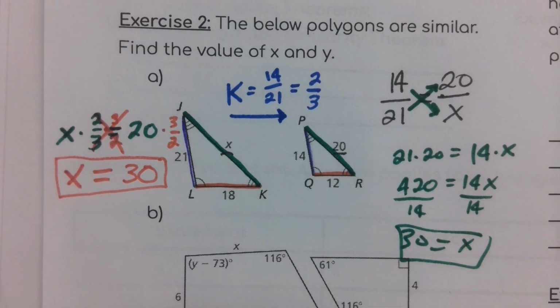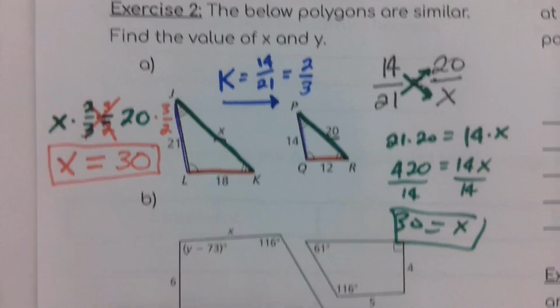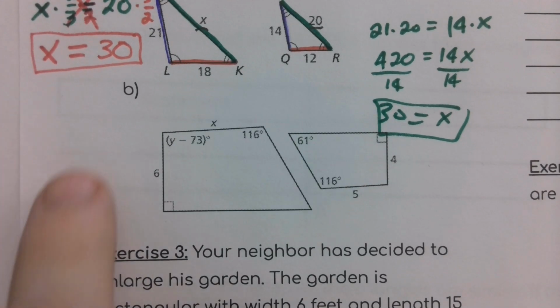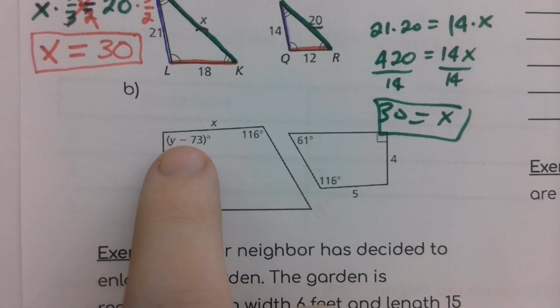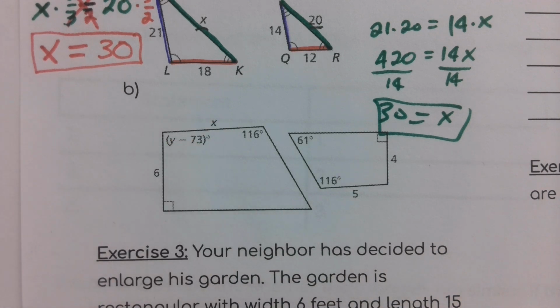Same deal. So whichever method you use is up to you. With that said, I want you to try out part B. Keep in mind that we also have a missing angle here. So, take your time, try this problem out, pause the video, and unpause when you are ready.